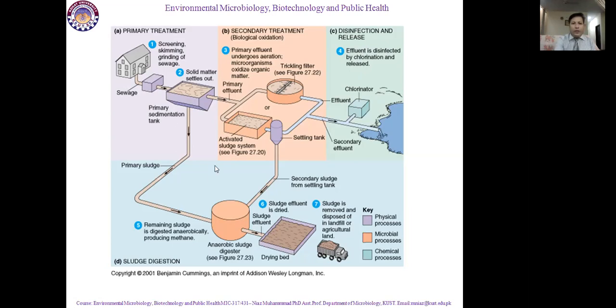And recalcitrant materials are organic materials that are a little bit difficult to decompose. We collect them in the anaerobic digester tank, where anaerobic microorganisms decompose the available organic material at very high temperature, in an anaerobic environment, and this decomposed material is now used as sludge.